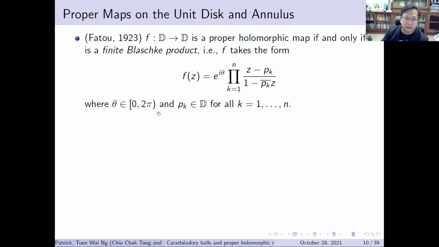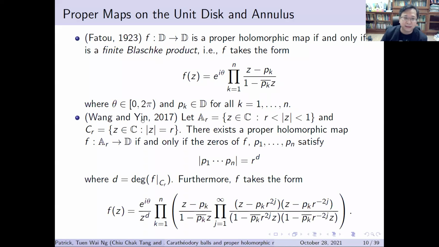About 4 years ago, Wang and Yin were doing complex dynamics, and in one of their papers, they needed a result about proper maps from an annulus to the unit disk, and they came up with the following characterization. Our notation here is the following: A_r would be the annulus of this form, where the inner circle has a radius little r.